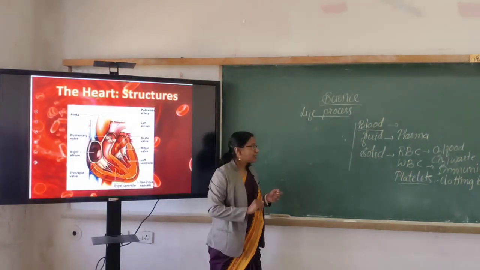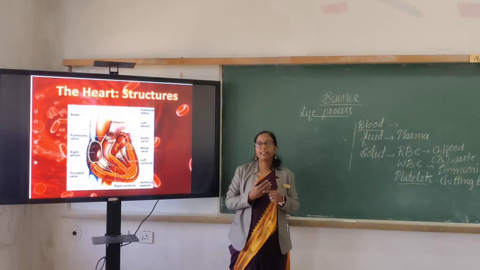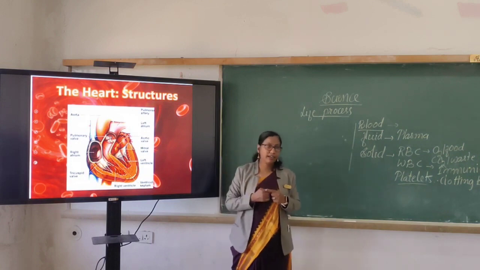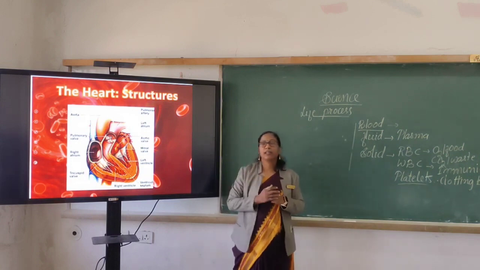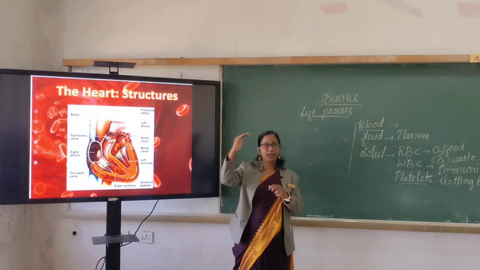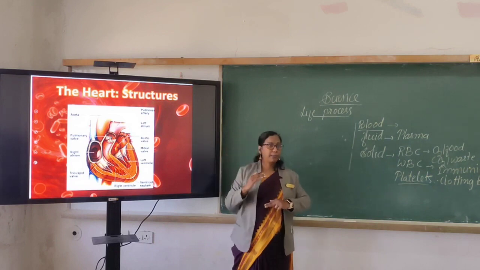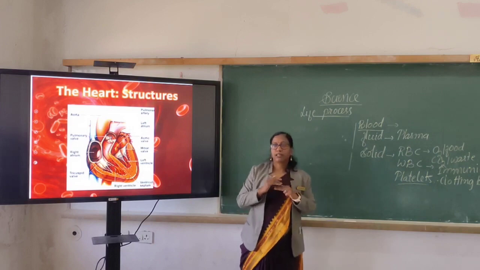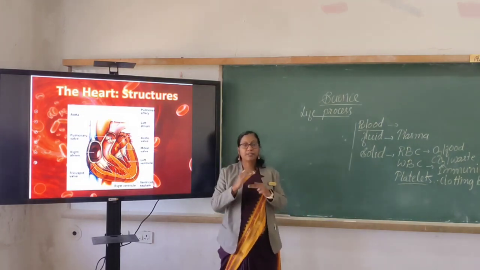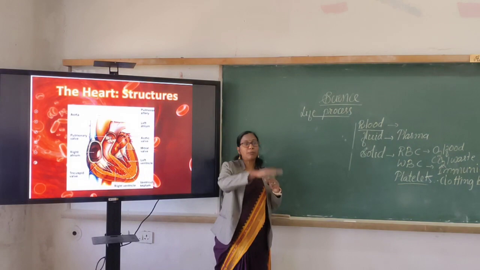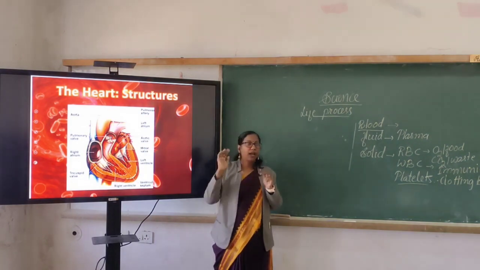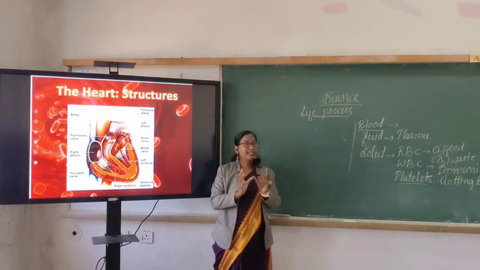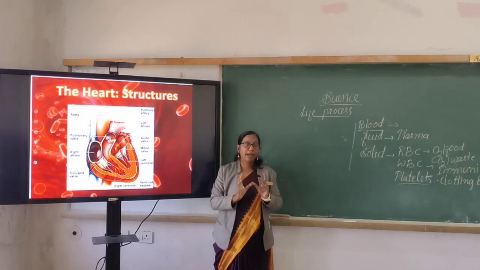So let us see the structure. We will study the heart in two basic components: the physical structure of the heart and the mechanism of the circulation. Mechanism of the circulation includes how the blood flows in our body, and structure includes what the heart is made up of.